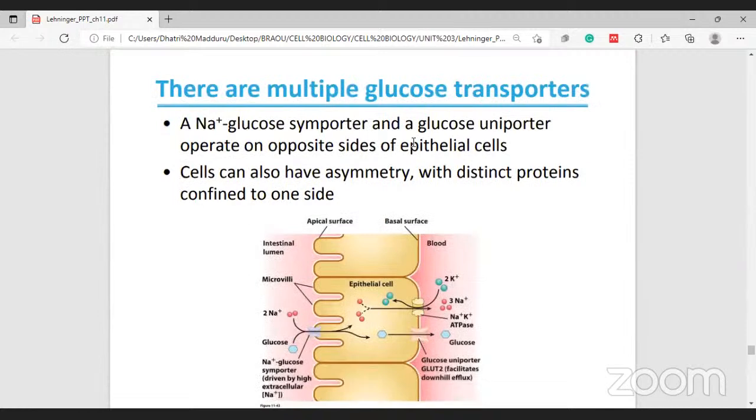We have multiple glucose transporters, like the sodium glucose transporter and the glucose uniporter. Both operate in epithelial cells on opposite sides.